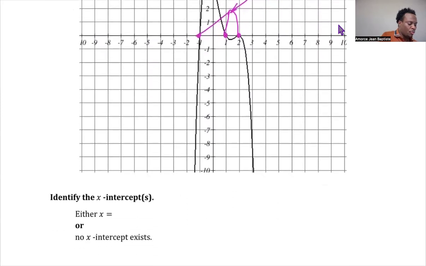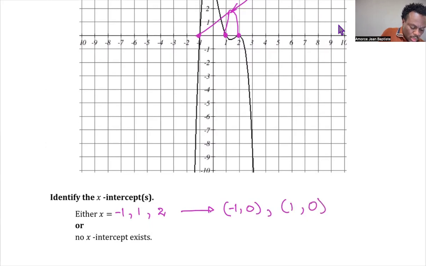So for the x-intercepts, the x values are -1, 1, and 2, and the ordered pairs would be -1, comma 0, 1, comma 0, and 2, comma 0.